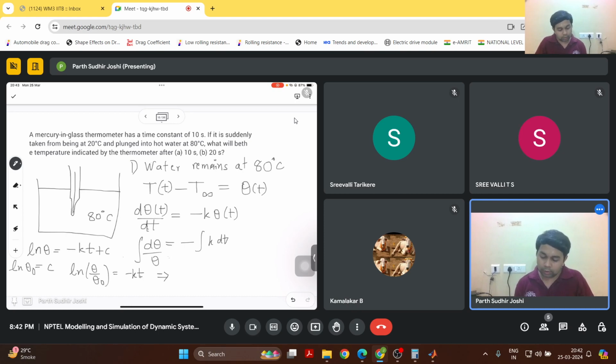So theta is equal to theta naught e to the power minus kt, if we rearrange the terms and convert log into the e to the power function. We have already been given that the time constant tau is 10 seconds, so k is 1 by tau.